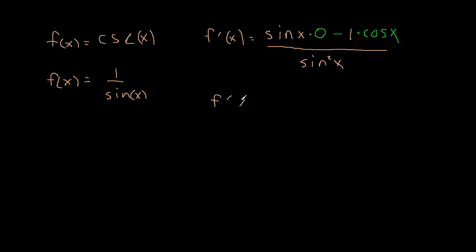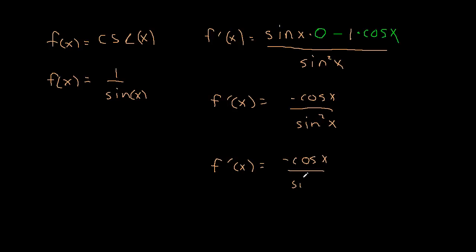Okay, so now, like before, this doesn't take much to simplify. This is just 0, so we're left with negative cosine x up top, and down below I have a sine squared. And you might be tempted to leave it like that, and technically this is the derivative, but we could go a little bit further by noticing that we can actually break up our denominator into sine times sine.